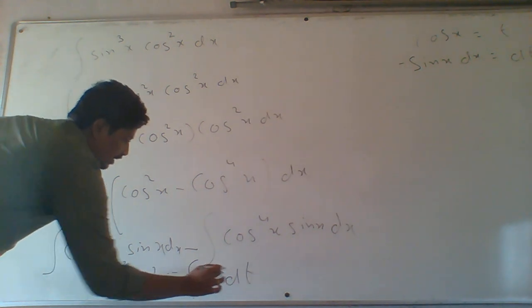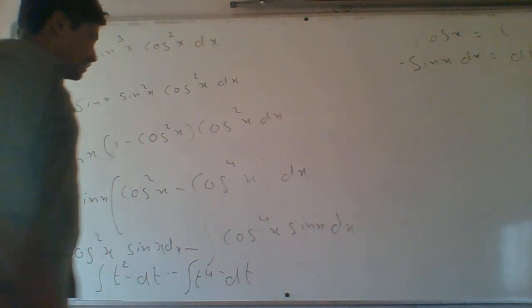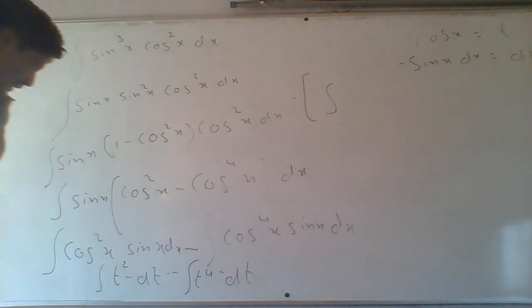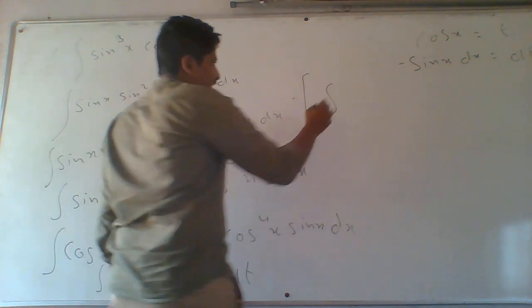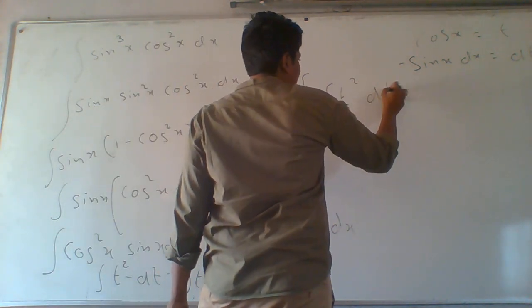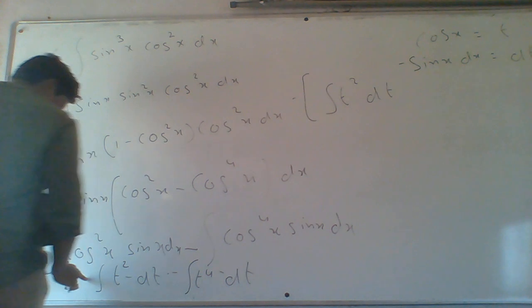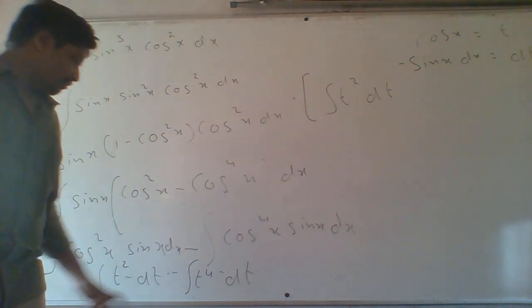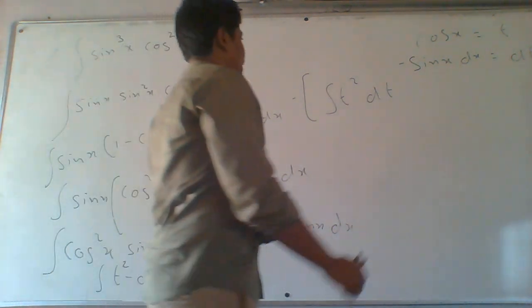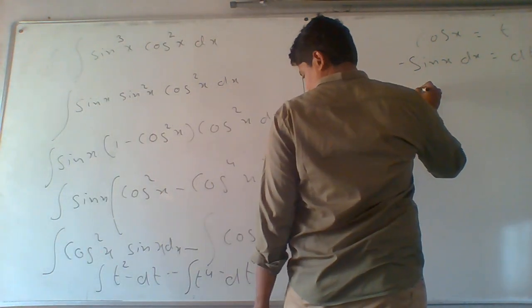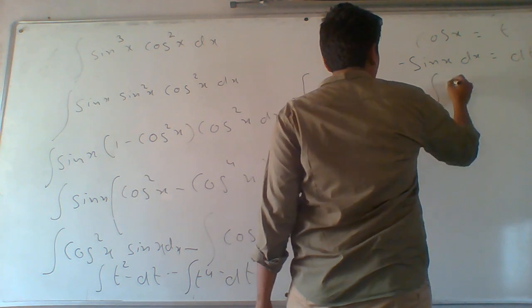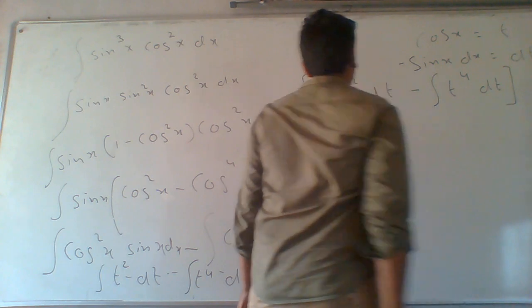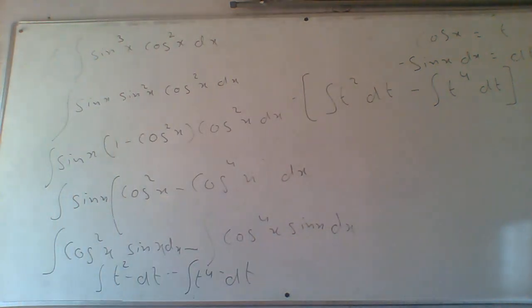If you take minus common, integral t square dt, and next, minus integral t power 4 dt.